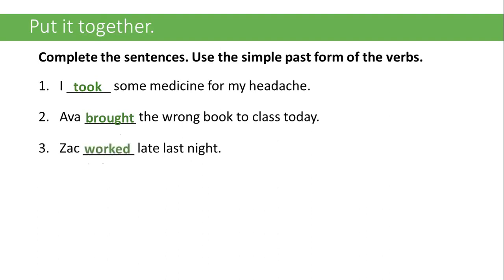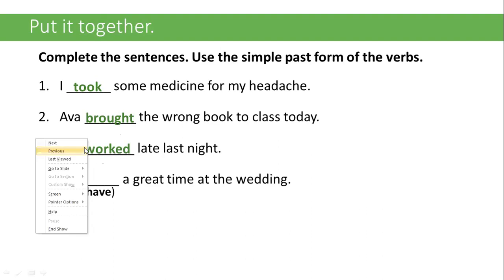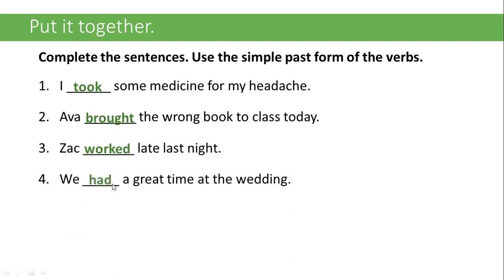Worked. Okay, yeah, this is a regular verb. How about number 4? We, blah, blah, have a great time at the wedding. Have, yeah, what is the second verb of have? Had. Okay. Good. How about number 5?